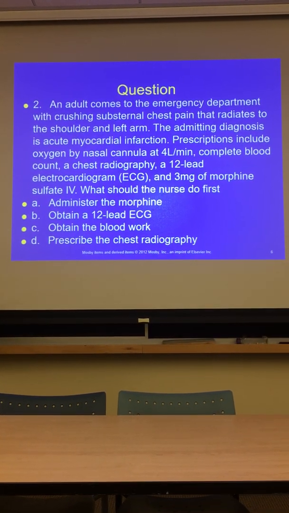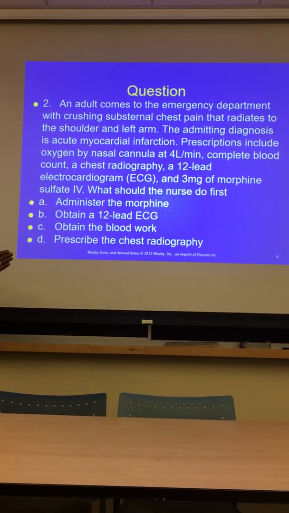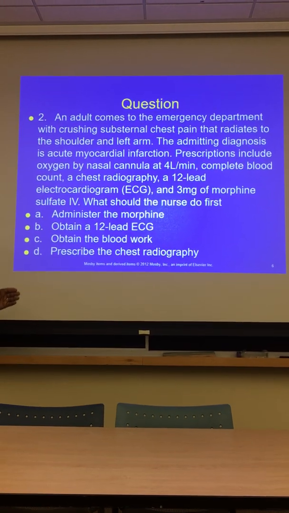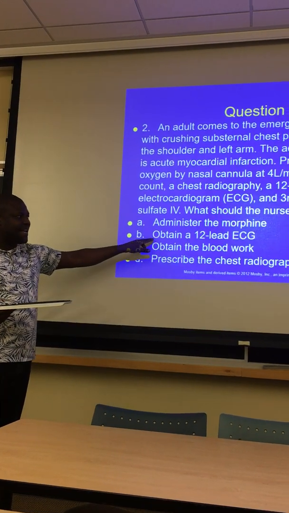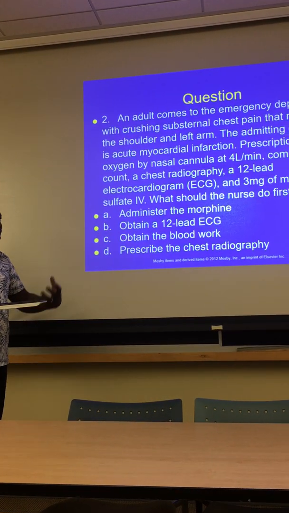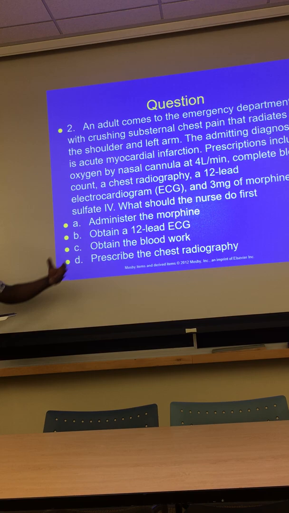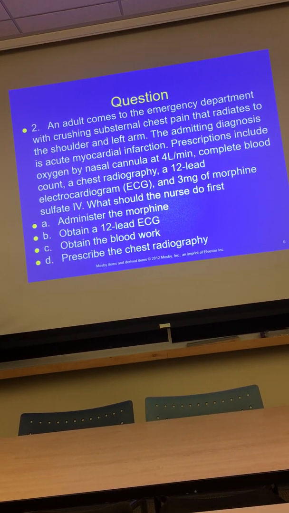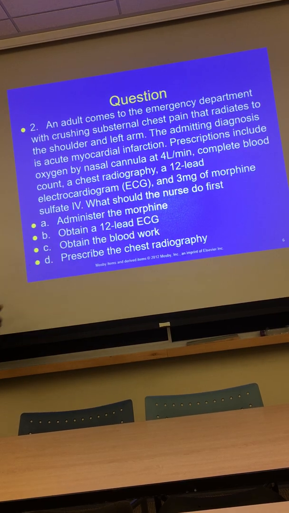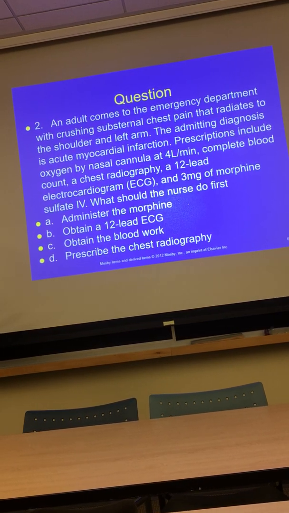When you look at all these answers, A is an intervention. You are actually doing something to reduce the pain of the patient and to attend to the need of the patient. B is an assessment option. You are doing a 12-lead ECG to find out about the condition of the heart. C, you are obtaining blood work to find out the extent of the damage.